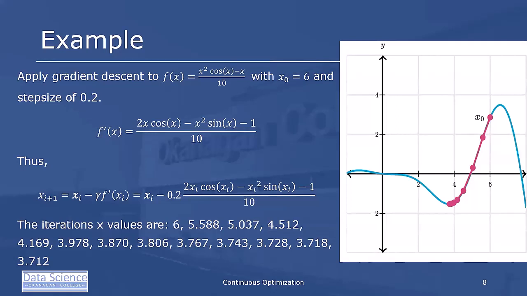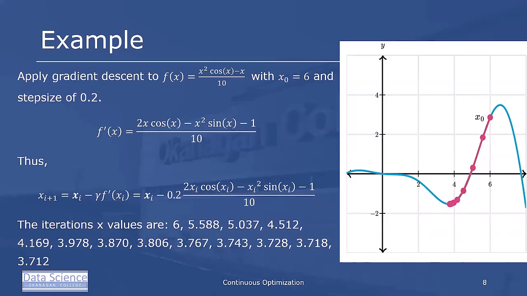F prime, in this case, is equal to 2x cosine x minus x squared sine x minus 1 over 10. And so, our x i plus 1 is equal to x i minus gamma f prime of x i, which is equal to x i minus 0.2, our step size, times our derivative, 2 x i cosine x i minus x i squared sine x i minus 1 over 10.